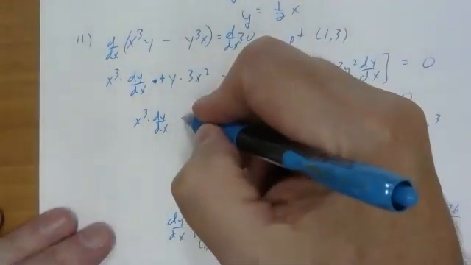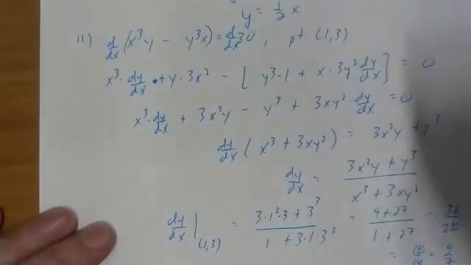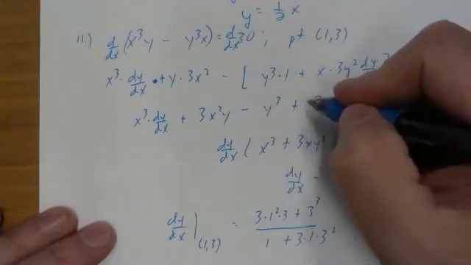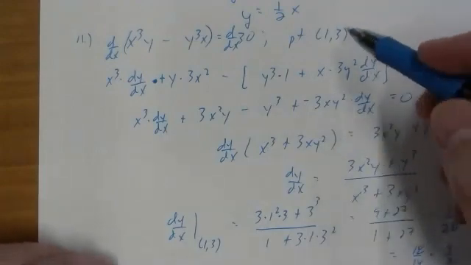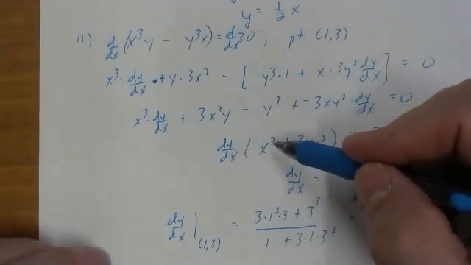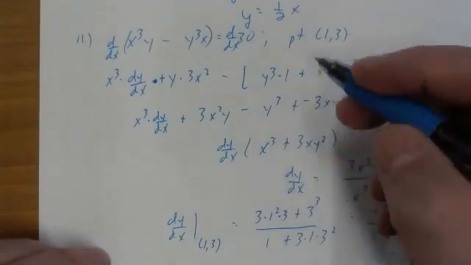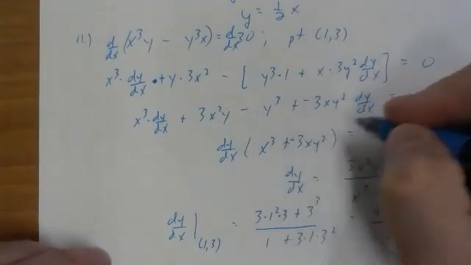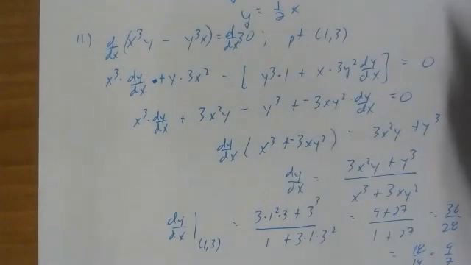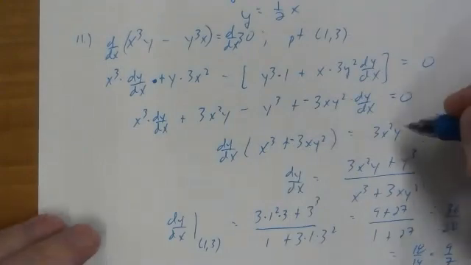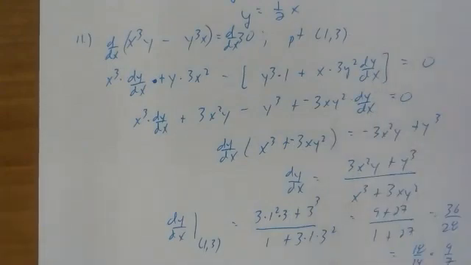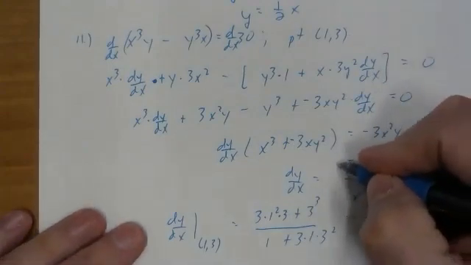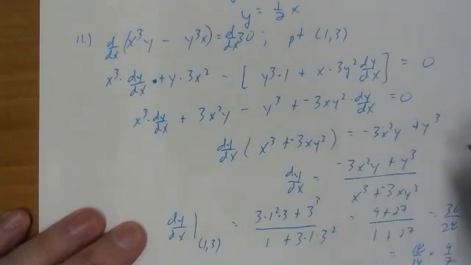So now factor this out, it's x cubed minus 3xy squared over, this is actually negative here, negative and negative.